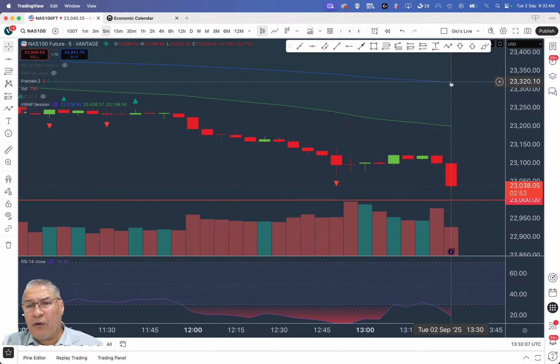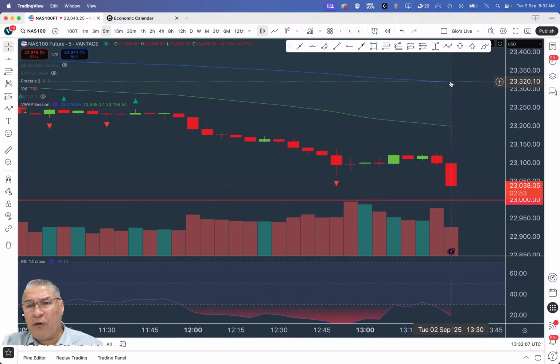Wow. So silver, I'm sorry, nat gas. It is giving us momentum to the upside. Wow, this is actually a strong rally to the upside. We're having a reversal at the VWAP. The market did come to the VWAP.